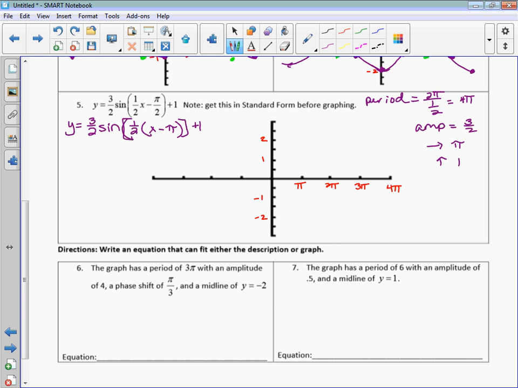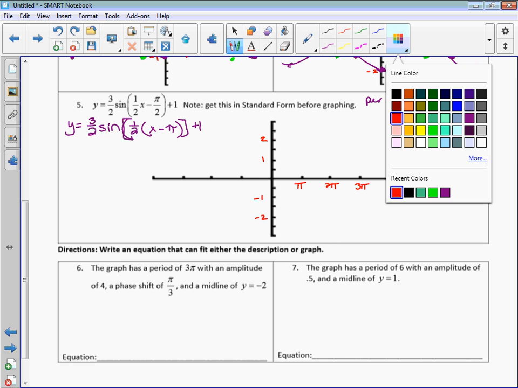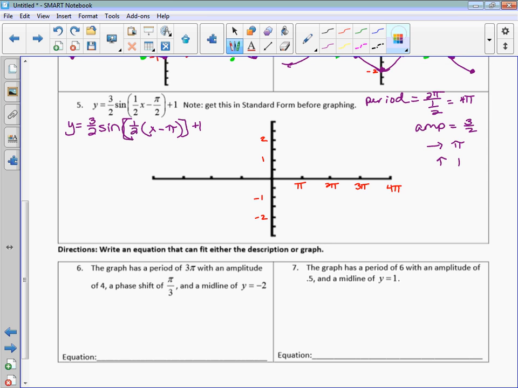Okay, I am going to go ahead and plot some green points here. I'm not going to do just sine though. I'm going to do sine with the amplitude change. All right. So the zeros will still be zeros, but instead of going up to 1, where am I going to go up to? 1.5. Yeah, the amplitude changes to 1.5.